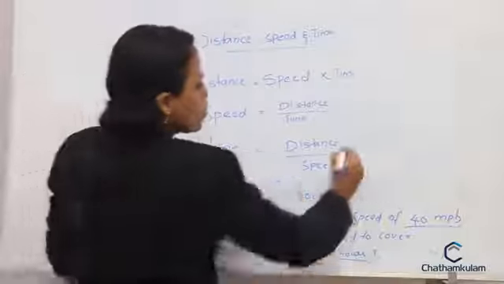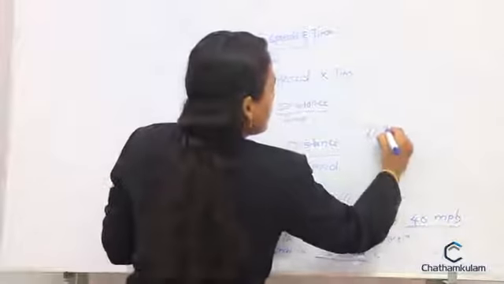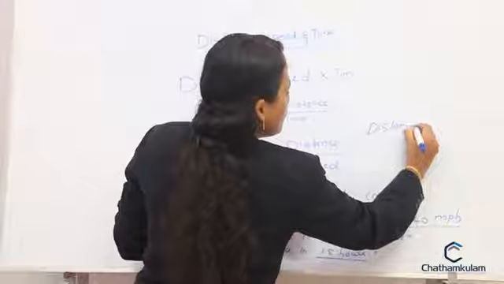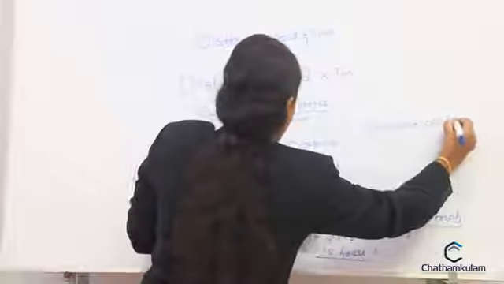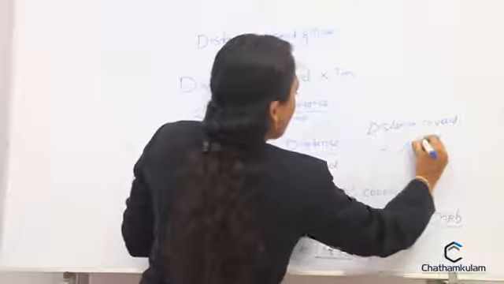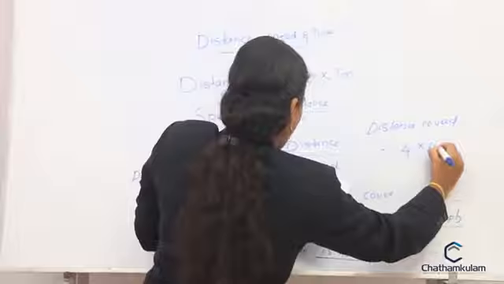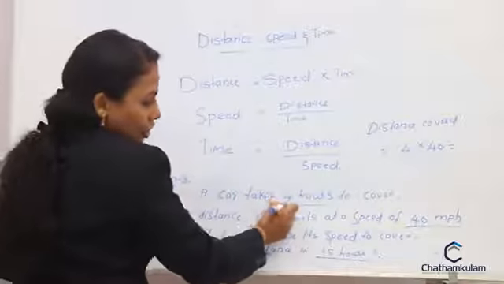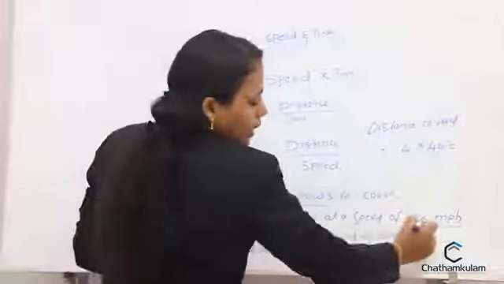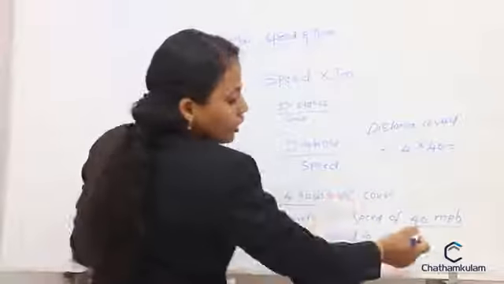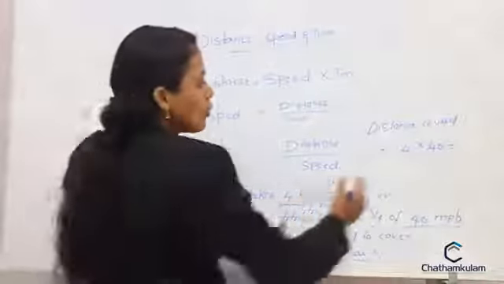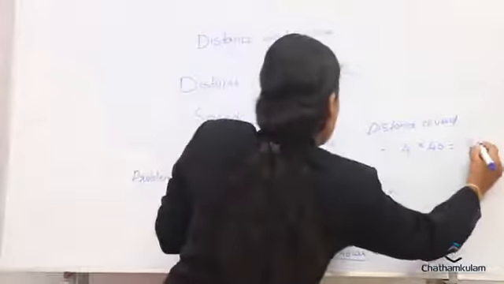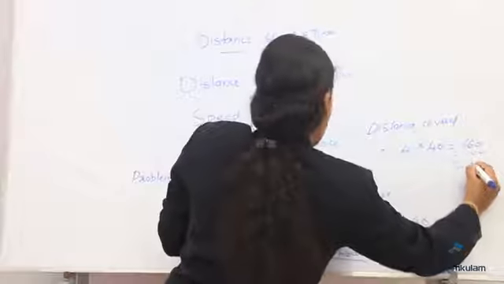So distance covered equals 4 into 40. Here 4 is already mentioned, and 40 miles per hour is the speed of the particular car, so we will get 160 miles.